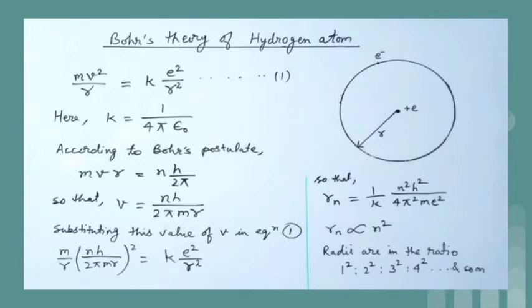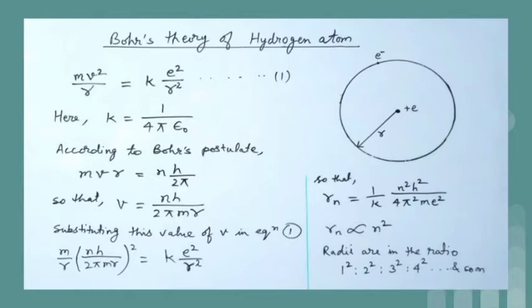Hydrogen is the simplest atom in which a single electron revolves around a nucleus of charge +e. For an electron moving with uniform speed in a circular orbit of radius r, the necessary centripetal force is provided by the electrostatic force of attraction between the electron and the nucleus.